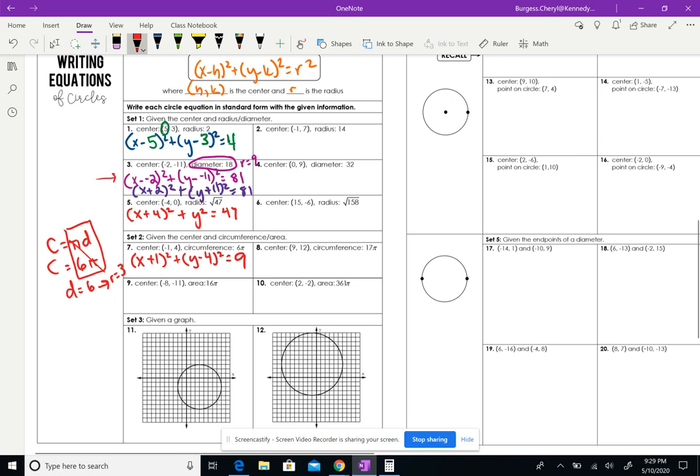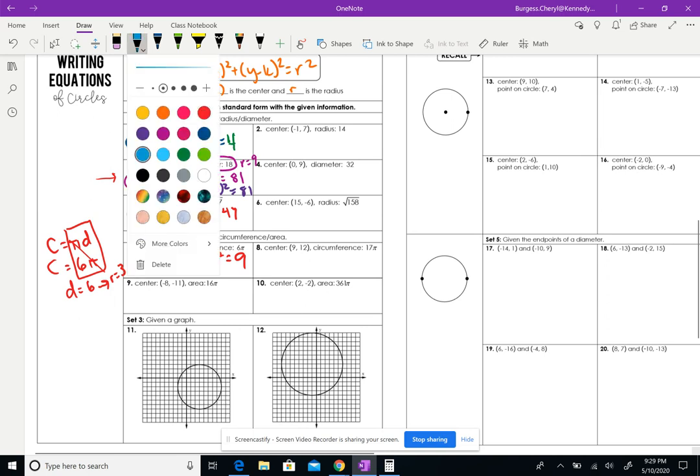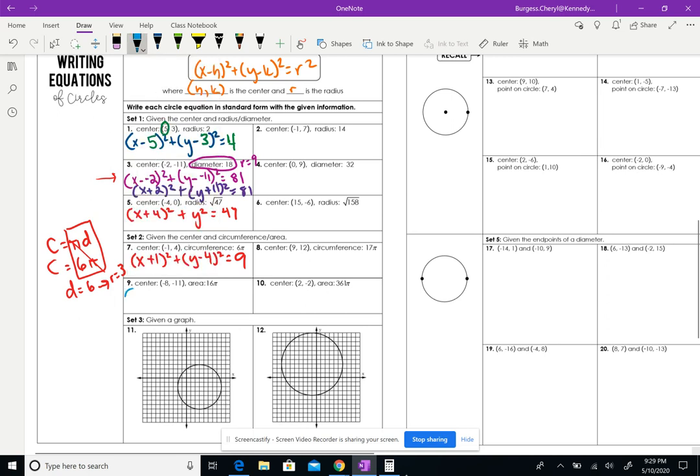Okay, number 9. X minus negative 8 squared plus y minus negative 11 squared equals, area is 16 pi. Area equals pi radius squared.